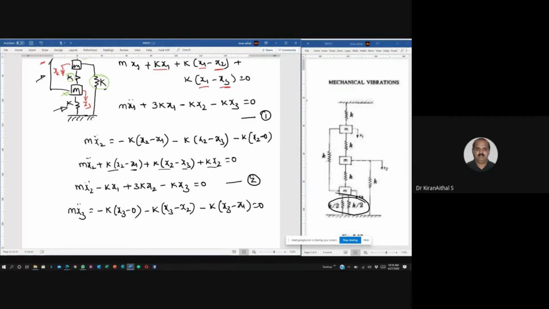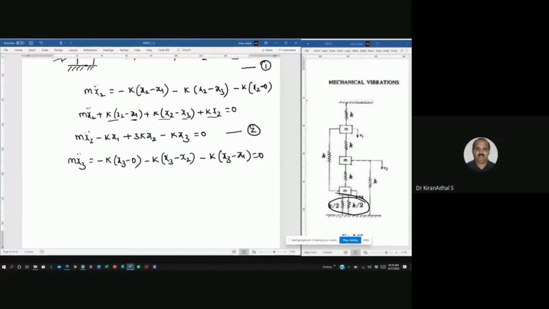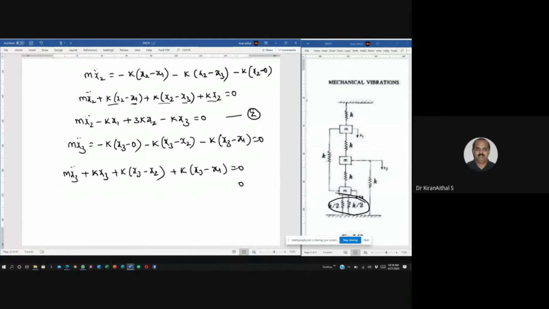So if I write this particular equation, what I'm going to get is m x3 double dot, plus k into x3 plus k into (x3 minus x2) plus k into (x3 minus x1) is equal to 0.